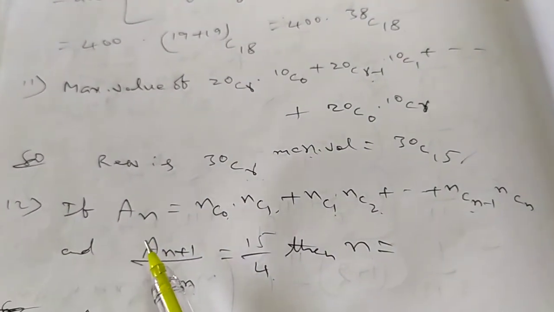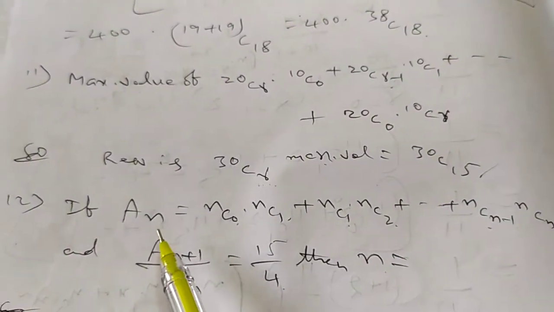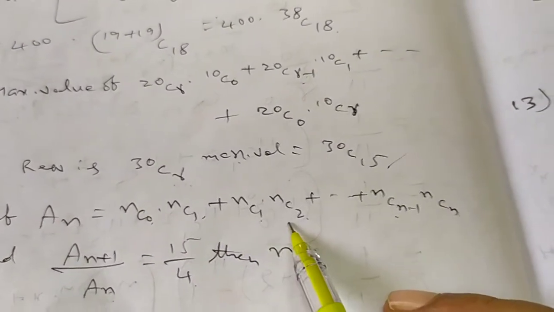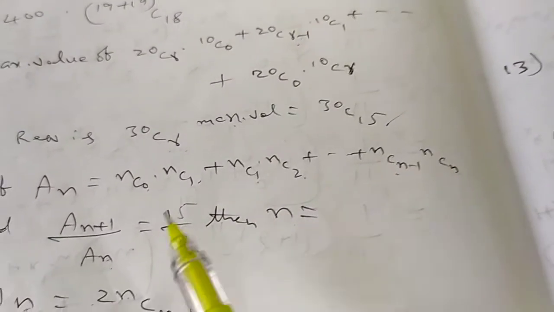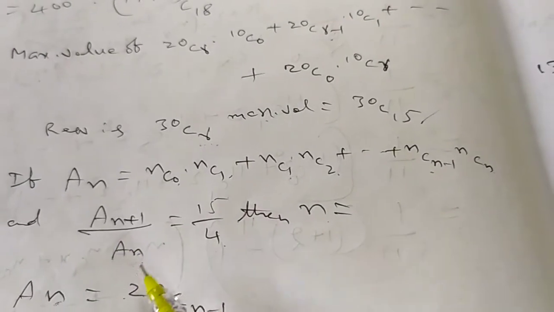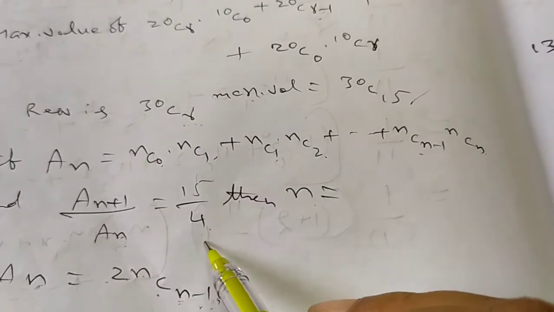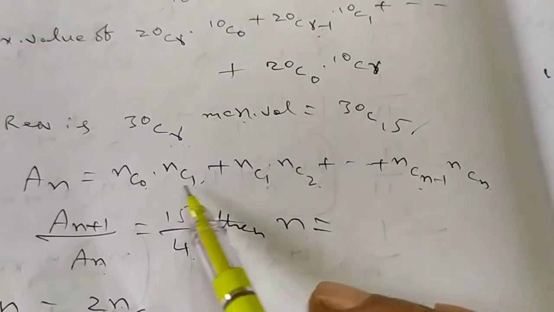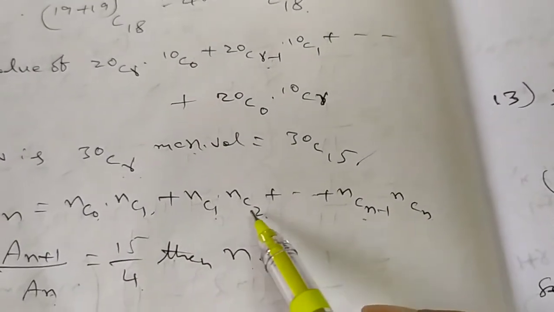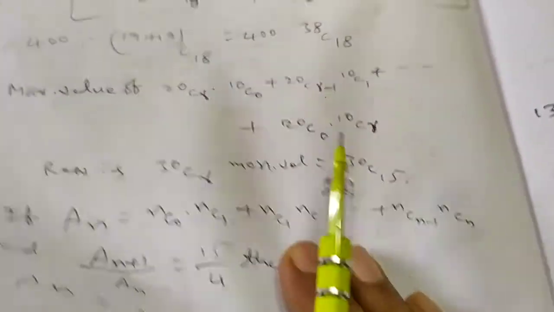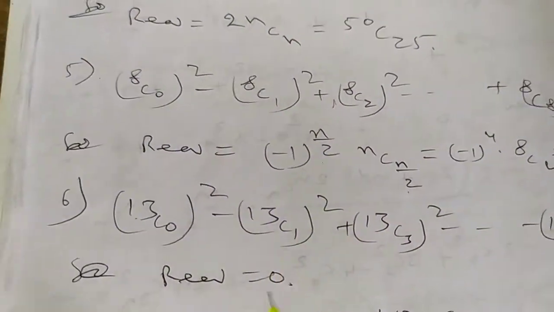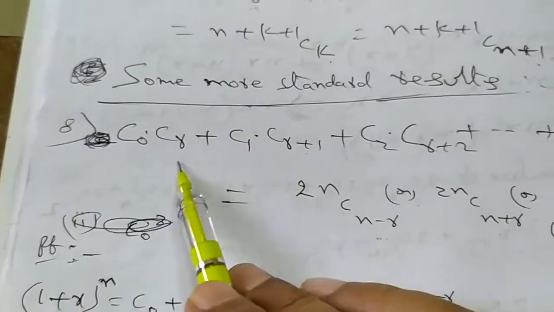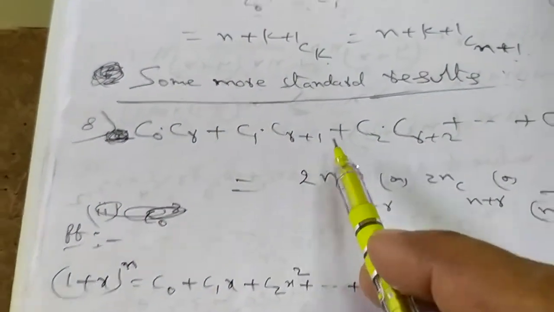Next, 12th problem. If an equal to nC0 into nC1 plus nC1 into nC2 plus and so on, such that an plus 1 by an equal to 15 by 4, then find the value of n. This is nothing but C0 into C1 plus C1 into C2 plus and so on. Yesterday we already discussed the first standard result: C0 Cr plus C1 Cr plus 1 and so on.